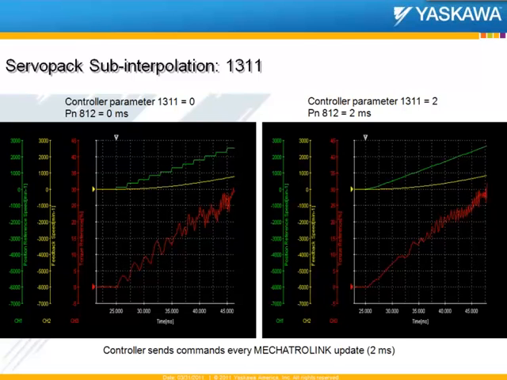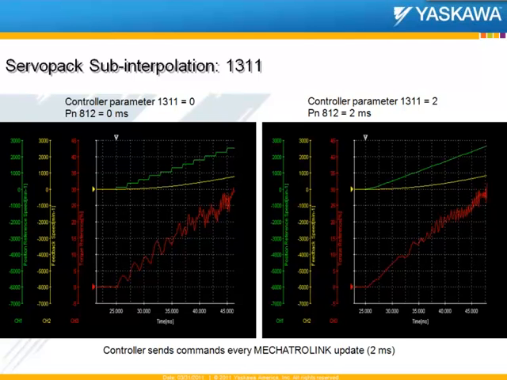We would recommend working with these parameters here. 1311, like I said, enables servo pack sub-interpolation. The plot on the left is without servo pack sub-interpolation enabled, and the plot on the right is with it enabled.